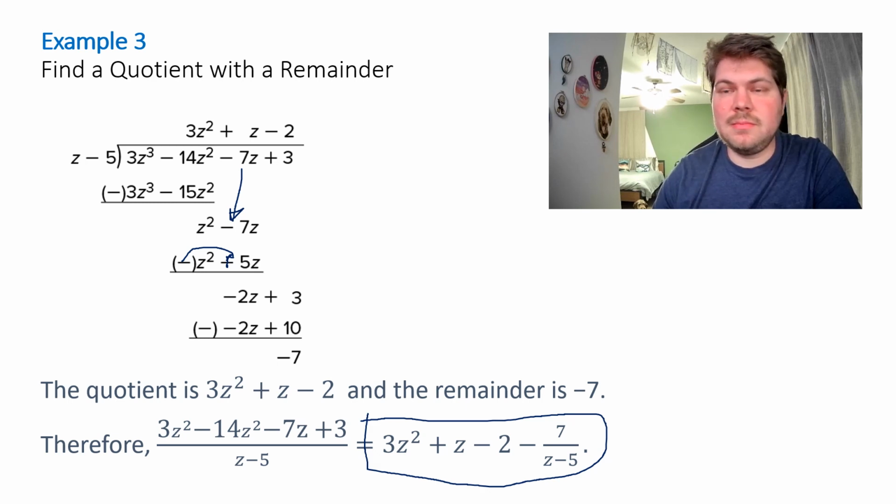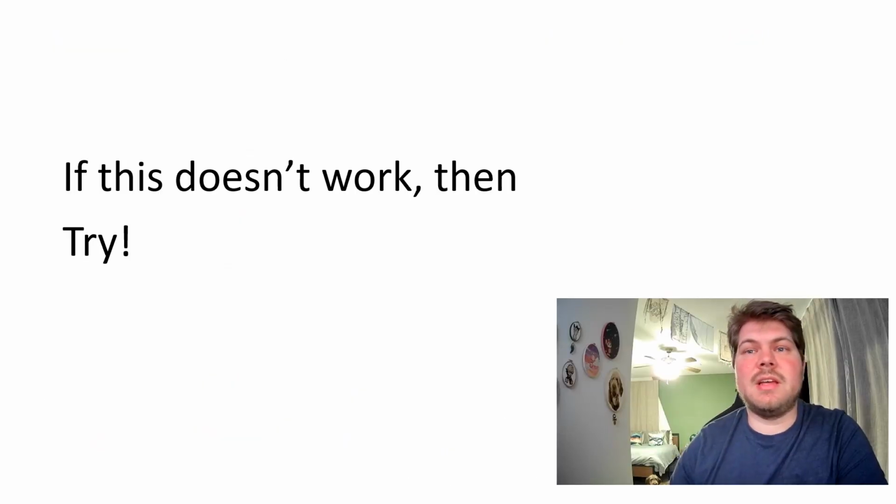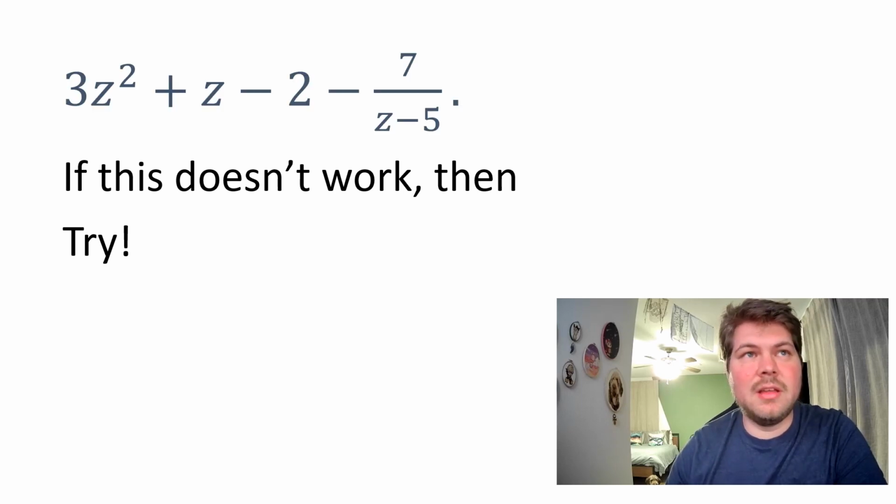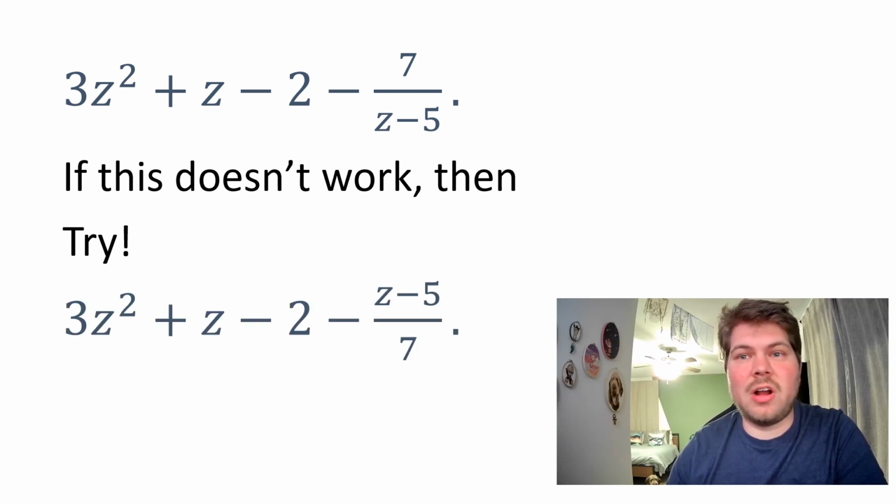Now, I'm going to let you try the assignment on your own, because I can do a couple more of these, but it's going to be the same idea every time, and I'm hoping it's clicking. But one thing I want you to note is on like 2 of the questions, maybe 3, this should be the answer. If this does not work, try this.